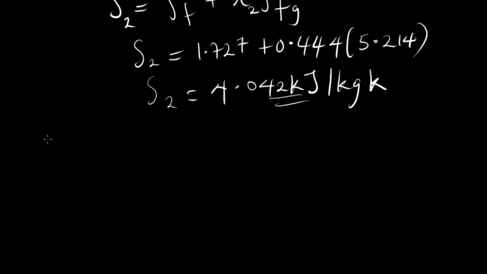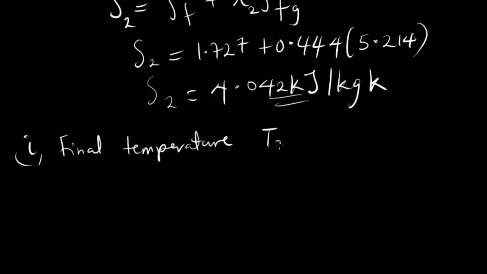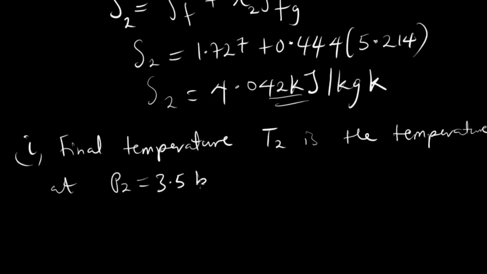The questions were: 1. The final temperature. So the final temperature T2 is the temperature at P2, which is what? Our P2 was, what was our P2? 3.5 bar.